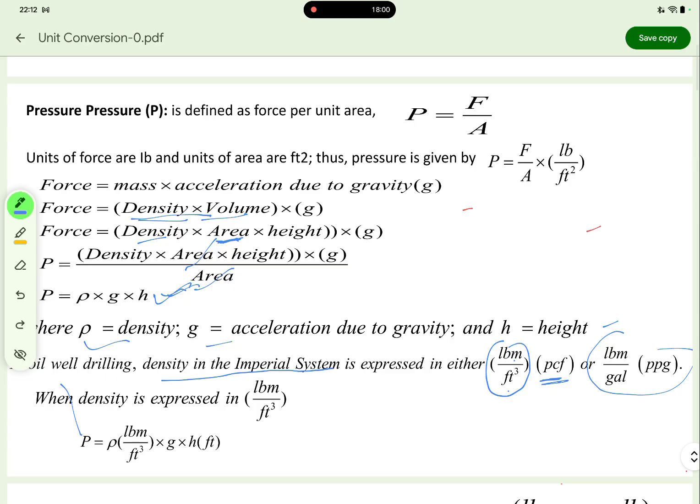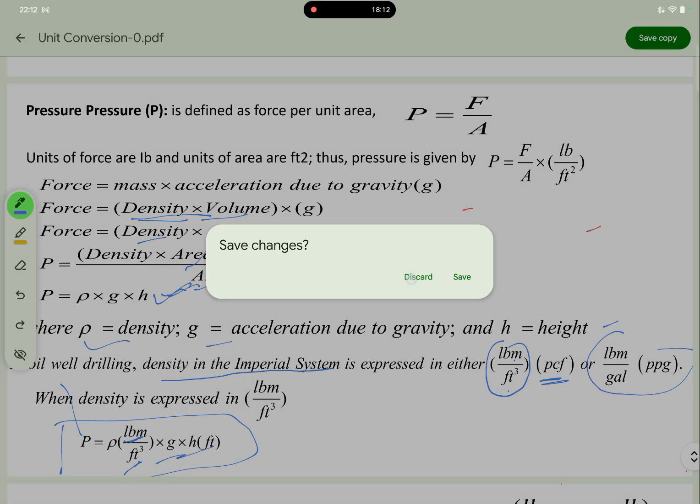So there is some unit conversion remaining, and this is the final expression of the pressure, if you are taking the density in terms of lbm per feet cube and the g. Let me do some calculation over here.